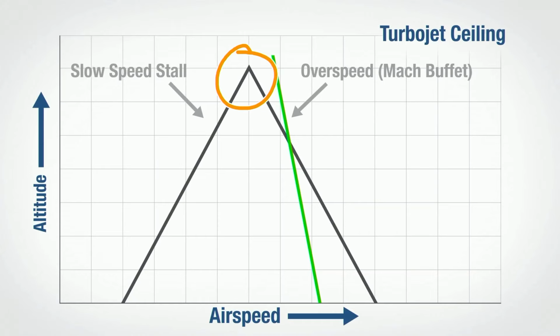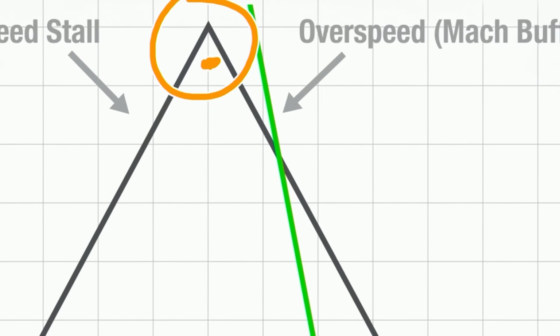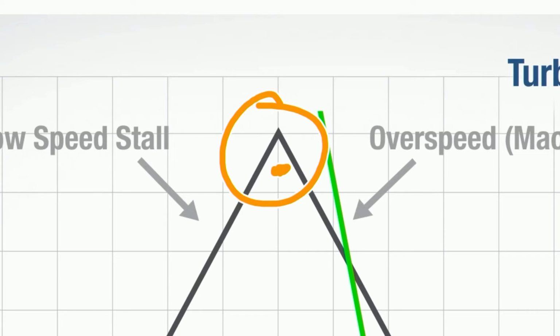Okay, so essentially we call it Coffin Corner because if the aircraft's flying at a speed right here, okay, and it starts to get too slow, you have very little room to decelerate before you end up hitting your slow speed stall. But you also have very little room to speed up before you were to overspeed or experience Mach buffet.